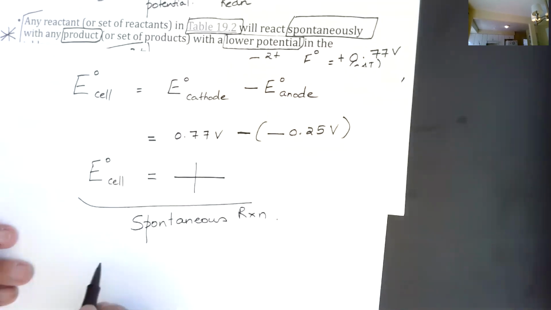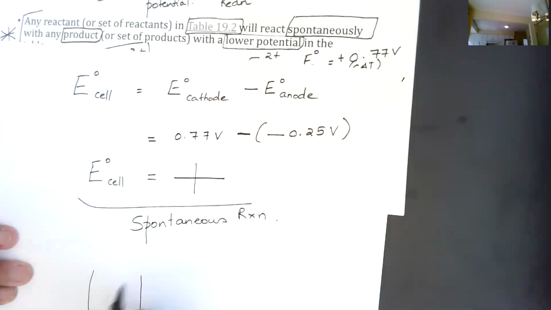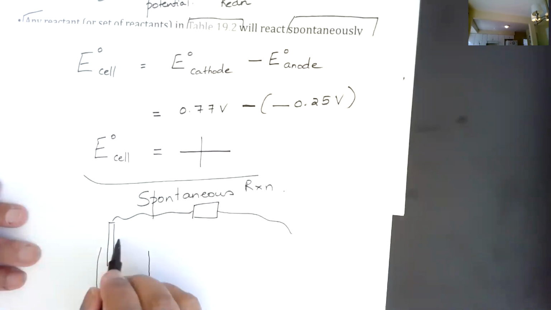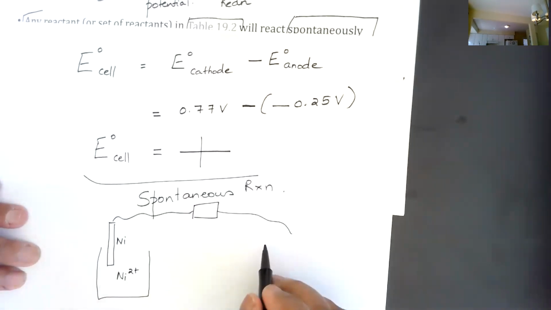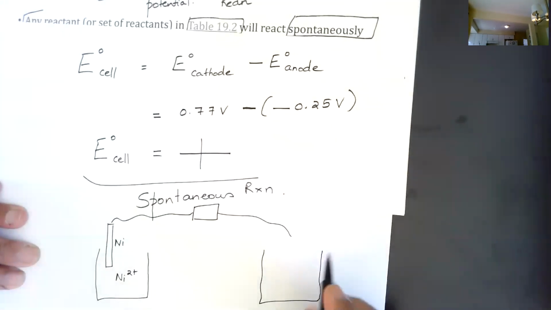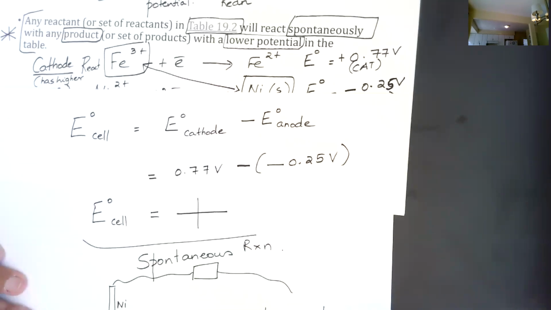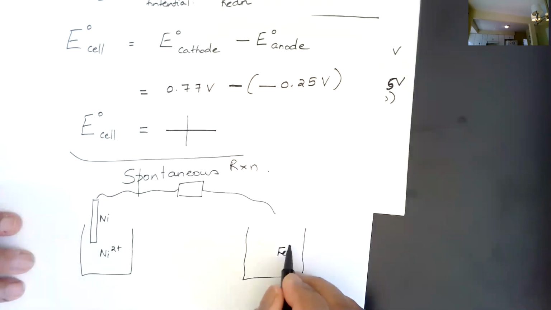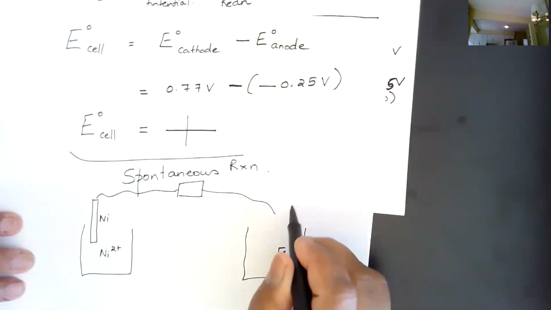So my cell will look like this. You remember? So I'm going to have nickel and nickel 2+. And I'm going to have both iron 3+ and iron 2+. And what will I use? I'll use platinum.